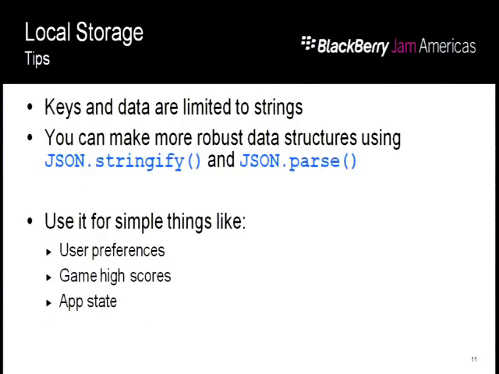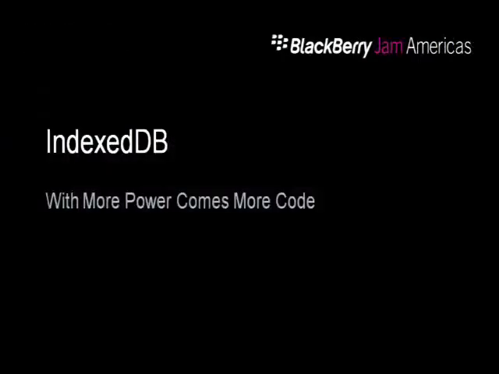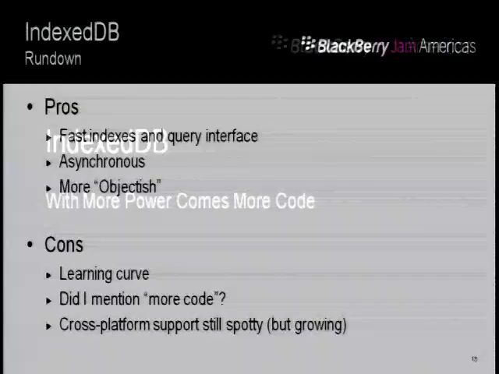It's a string, so if you want to store anything more than something simple, you might use something like JSON to stringify it and parse it. But again, there are more robust data structures that you would probably want to use in that case. Like we were saying before, it's good for something simple, but IndexedDB is much more powerful.